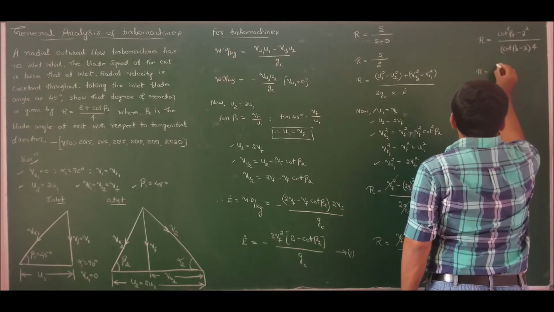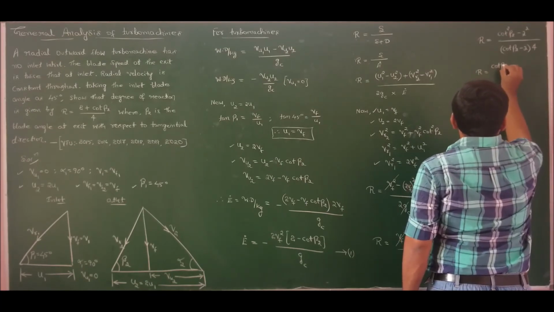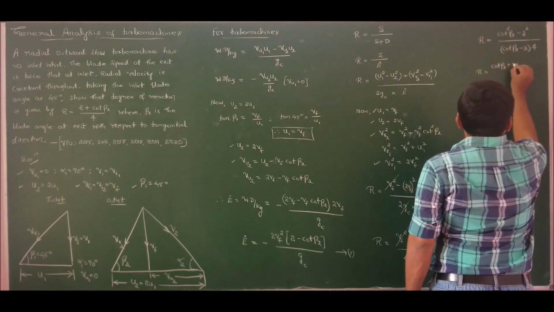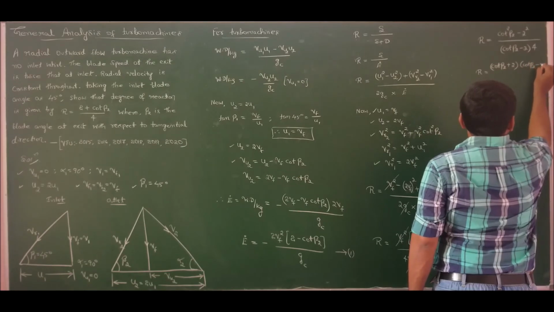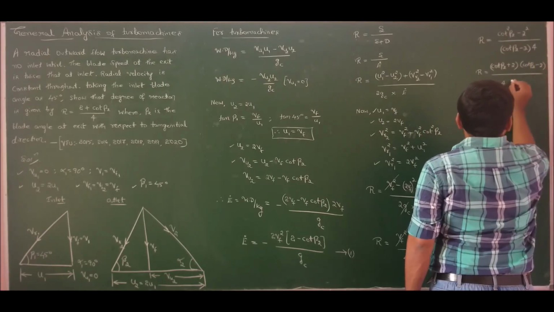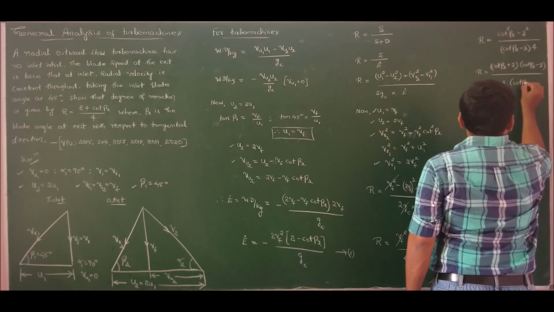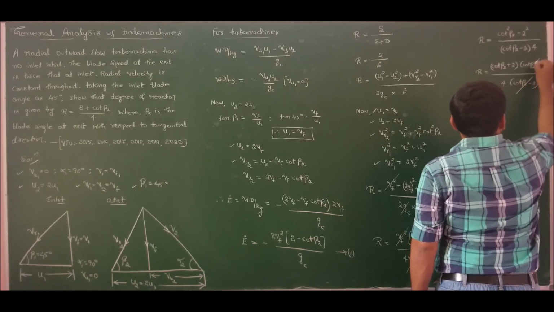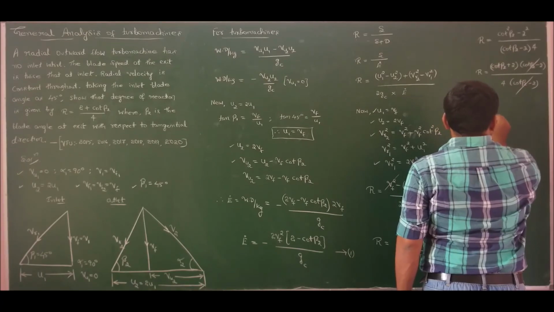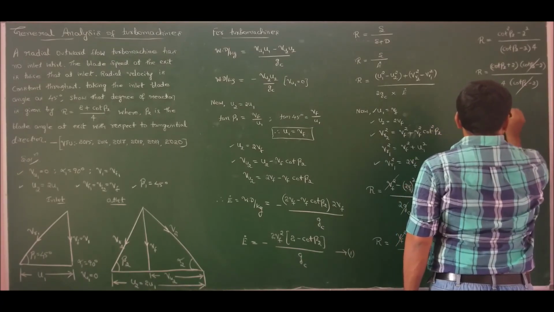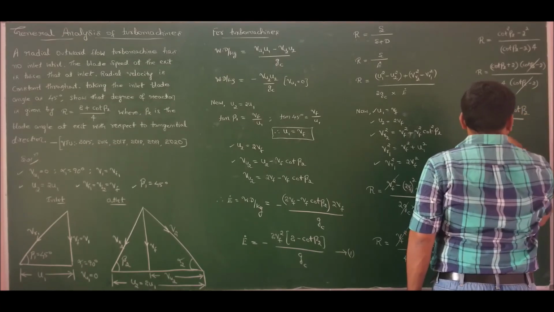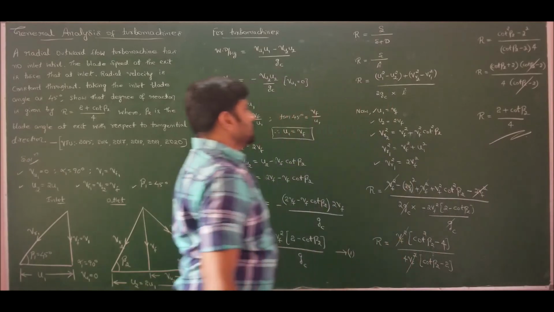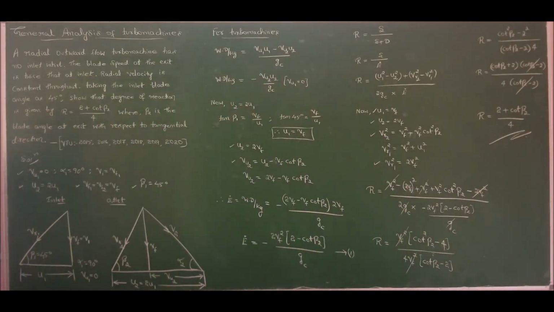So R is equal to A plus B into A minus B divided by 4 times cot beta 2 minus 2. Cancel off cot beta 2 minus 2. So therefore I left it with R is equal to 2 plus cot beta 2 by 4. Hence proved, R is equal to 2 plus cot beta 2 by 4. So this is the solution for what he has asked.